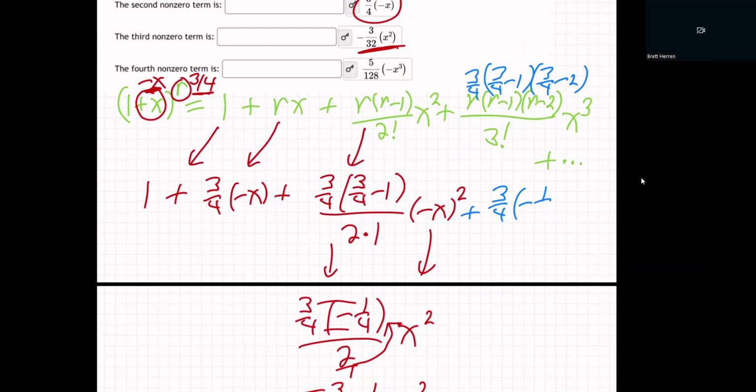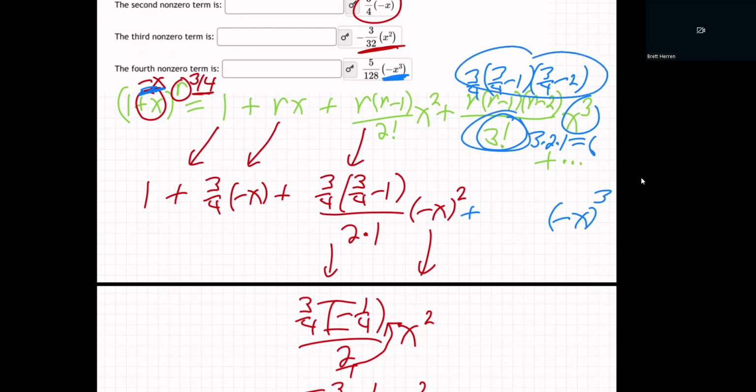I'm not going to try to work all this out by hand, over 2 and over 3 factorial, which is 3 times 2 times 1, 6. And x cubed is going to be minus x cubed because we're plugging in minus x, so that'll be a negative term. So I'm going to type this into Desmos right now.